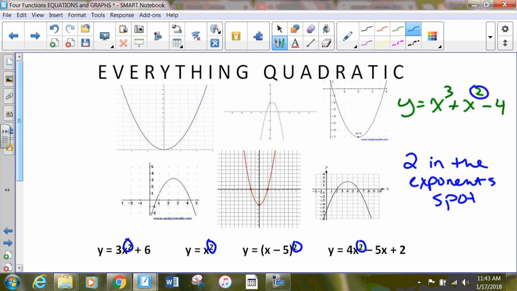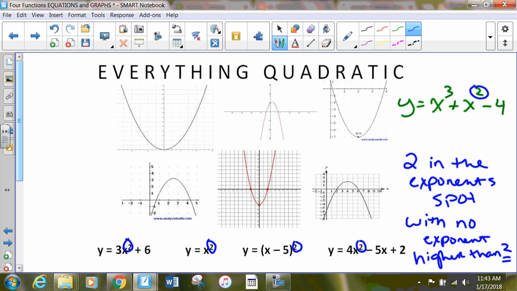A 2 in the exponent spot with no exponent higher than 2. Okay, so if you see 3 in the exponent spot, it's not quadratic.